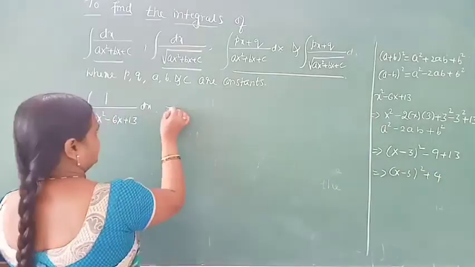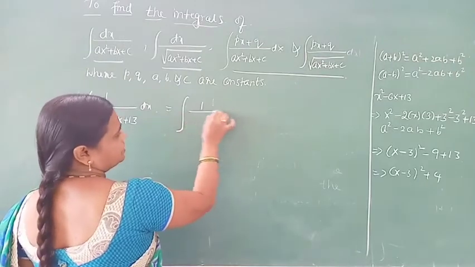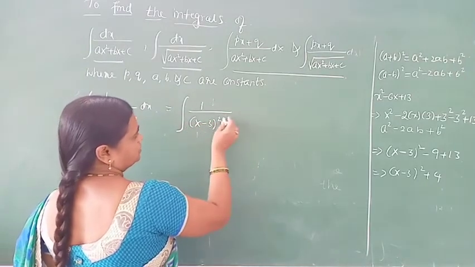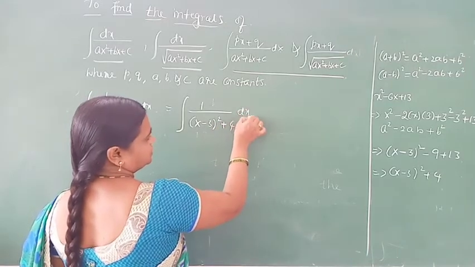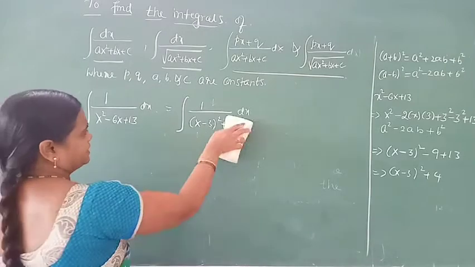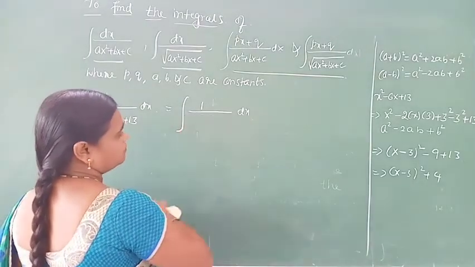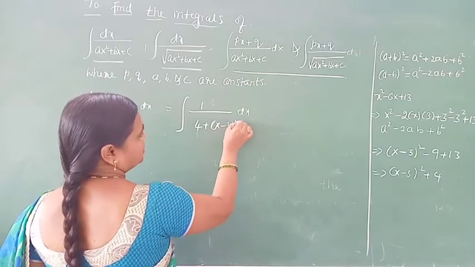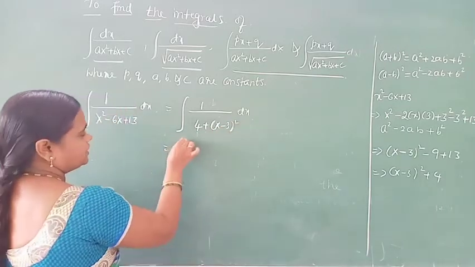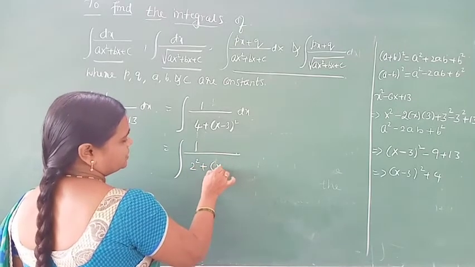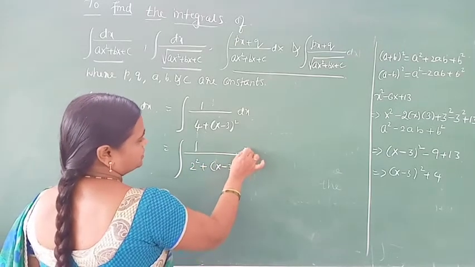Therefore, we can write this as the integration of 1 divided by x minus 3 the whole square plus 4 dx. Or else we can write it as the integration of 1 divided by 2 square plus x minus 3 the whole square dx.